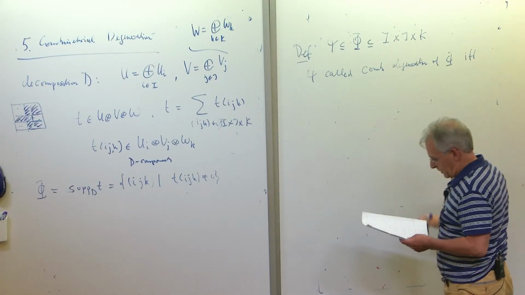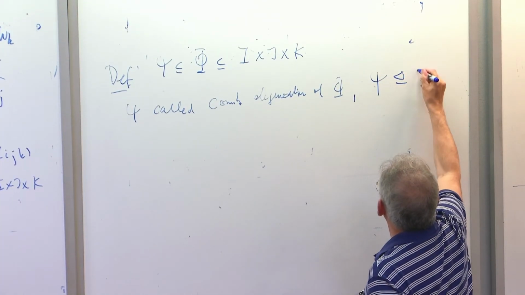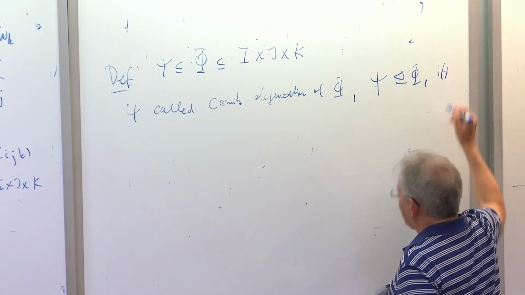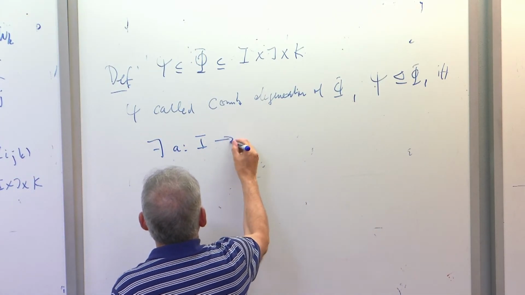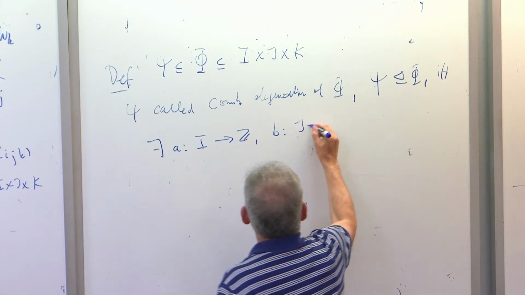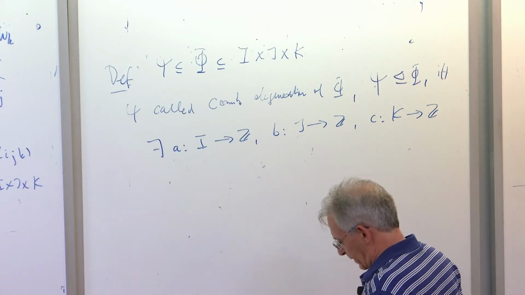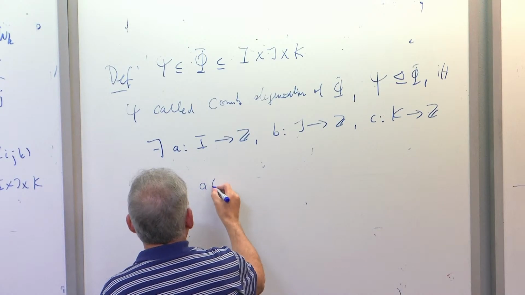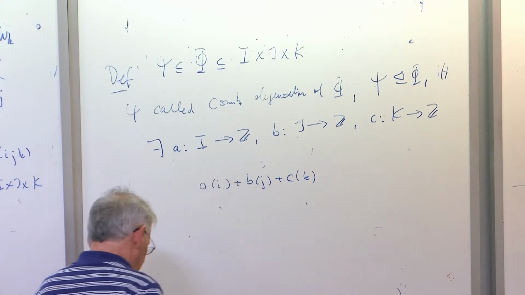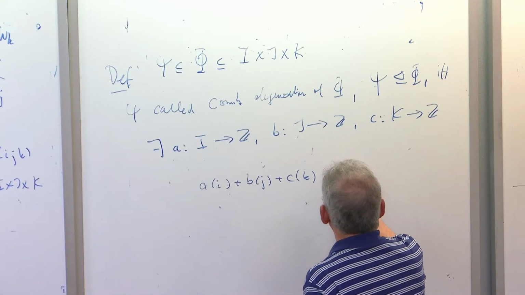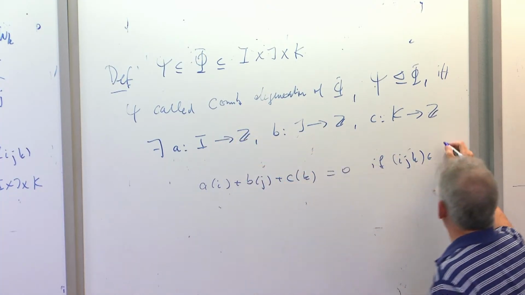Okay, now comes the definition. Good to have a notation. There are maps A from I to the integers, B from J to the integers, C from K to the integers, such that you look at A(i) plus B(j) plus C(k), and you want this to be 0 if ijk is in the small set, in psi.